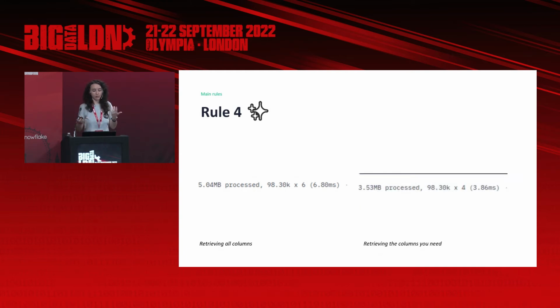If you just need the date and the product type, just retrieve those columns. Once rule number 2 and number 3 are applied, applying this rule is not as impactful as the other rules, but everything matters. So this is important too.